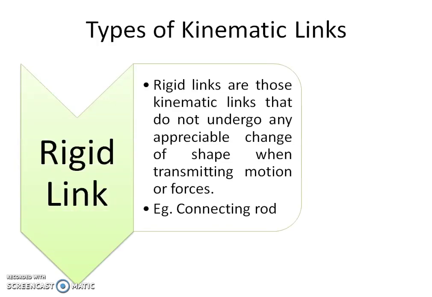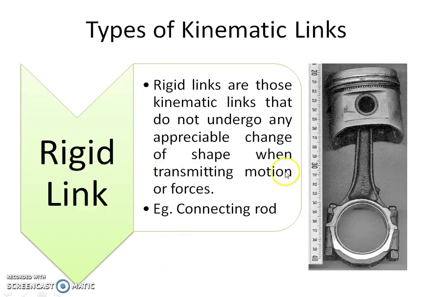Now, based on the material properties, a kinematic link can be classified as a rigid link, which does not undergo any appreciable deformation or change in shape while transmitting motion. These types of links are normally used in most mechanical presses and engines. An example is a connecting rod, as shown in the figure, which does not undergo deformation while transmitting motion.